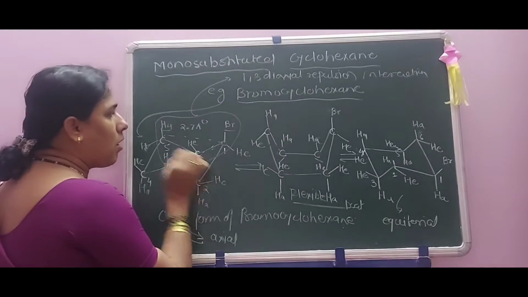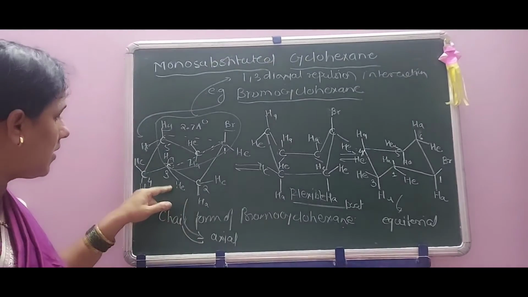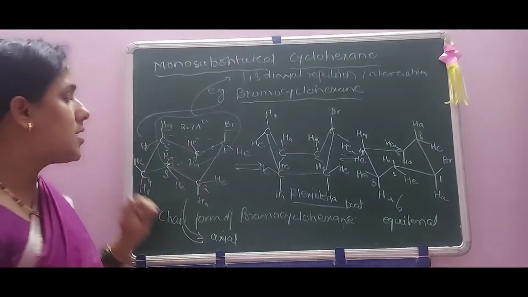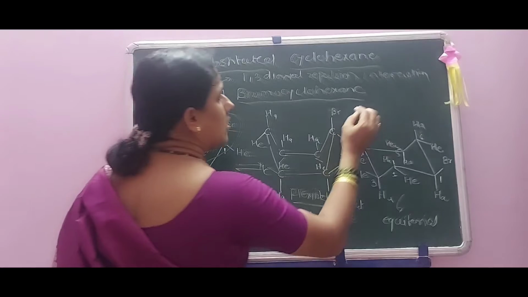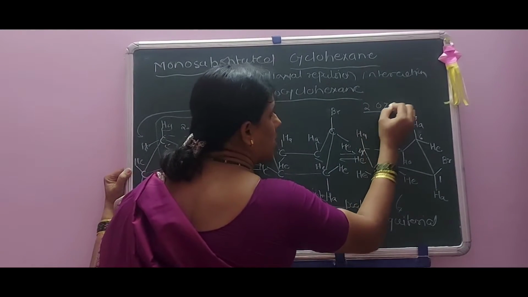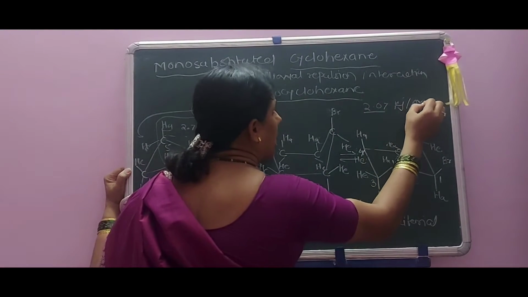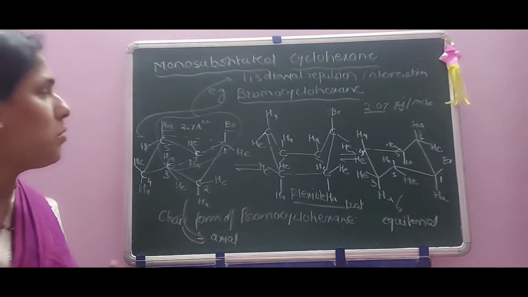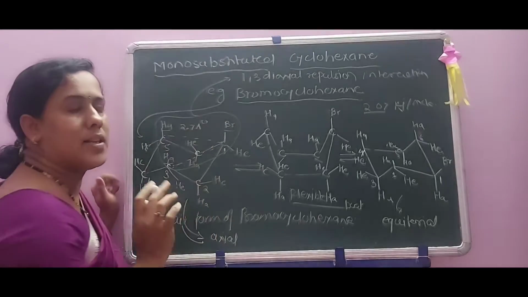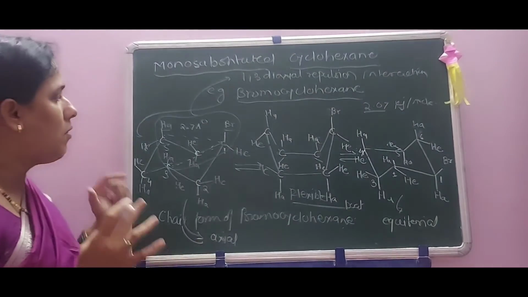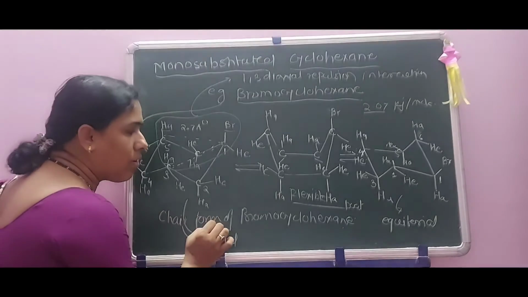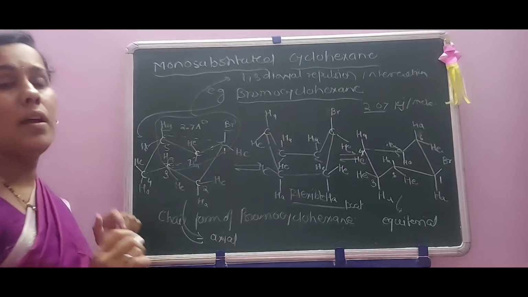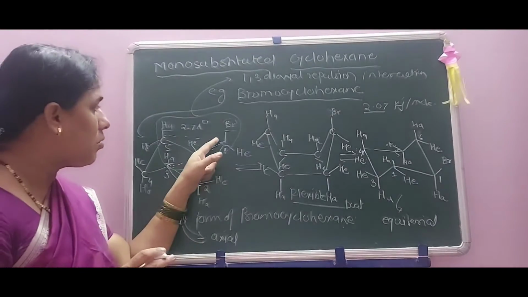Now this strained chair form of bromocyclohexane acquires some extra energy, 2.07 kilojoule per mole more than the equatorial form. To reduce the strain, what happens? In the chair form of bromocyclohexane, the bromine atom in the axial position does not stay fixed there.